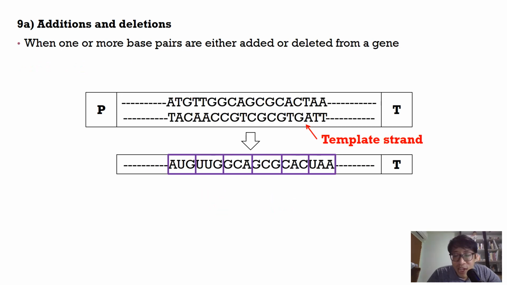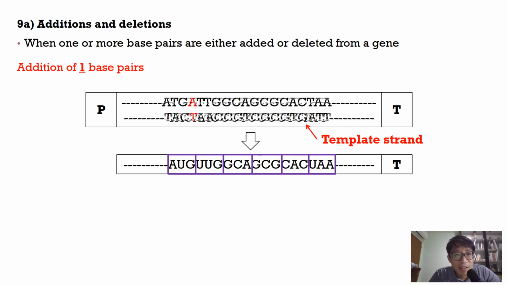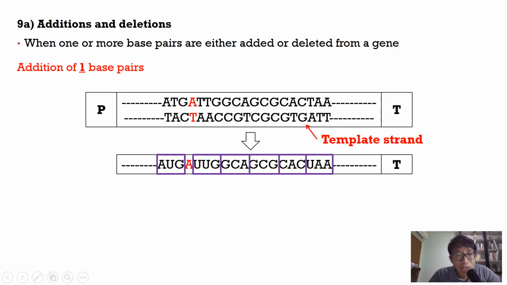Right, but if we have the addition of not 3, but 1 base pair in this case, as shown in red, so what happens is after transcription, there will be 1 additional nucleotide in the mRNA sequence, and then the reading frame would change, right? Again, the ribosome won't skip 1 nucleotide. So it will read after AUG, AUU instead of the original UUG.